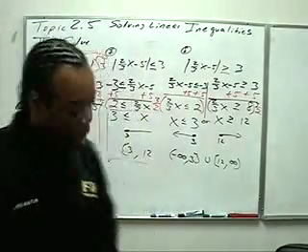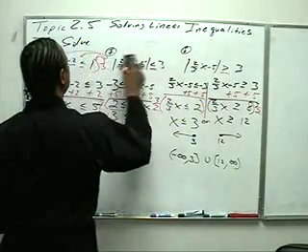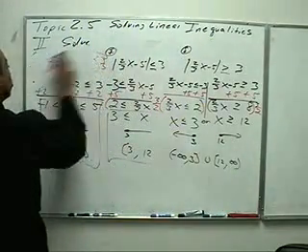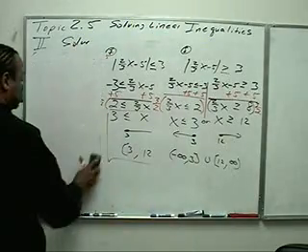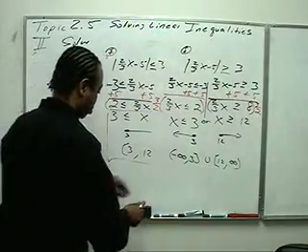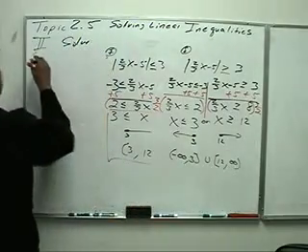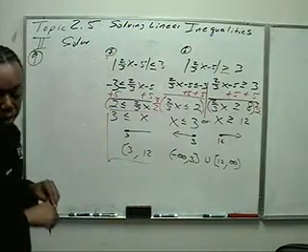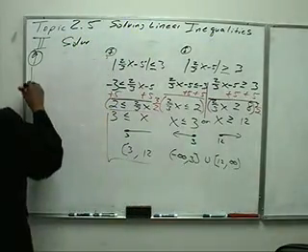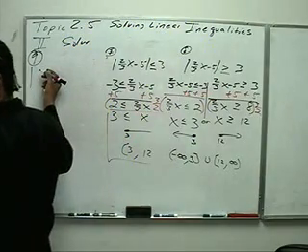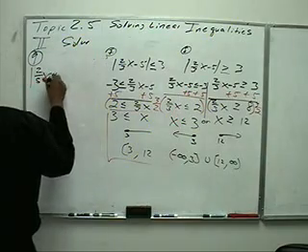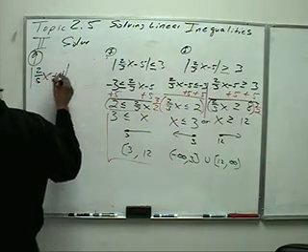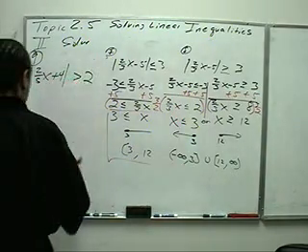Okay, and one more, number 9. Number 9 is the absolute value of 2/5 x plus 4 is greater than 2.